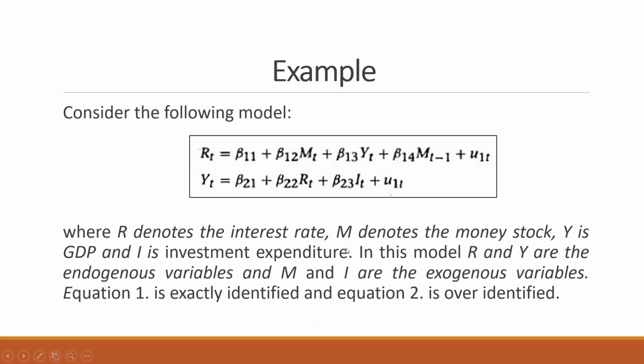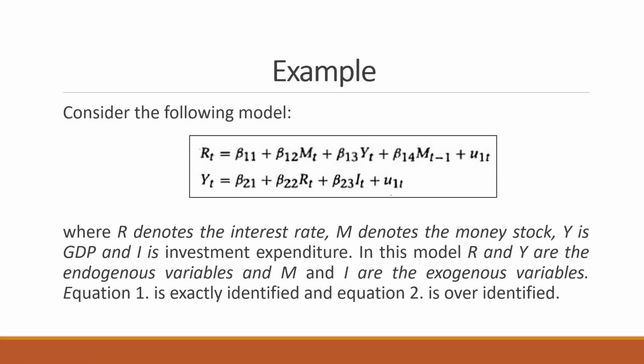Now consider the following model: r_t is equal to beta 11 plus beta 12 m_t plus beta 13 y_t plus beta 14 m_(t-1) plus u1_t. y_t is equal to beta 21 plus beta 22 r_t plus beta 23 i_t plus u2_t, where r denotes the interest rate, m denotes the money supply, y is GDP, and i is the investment expenditure.